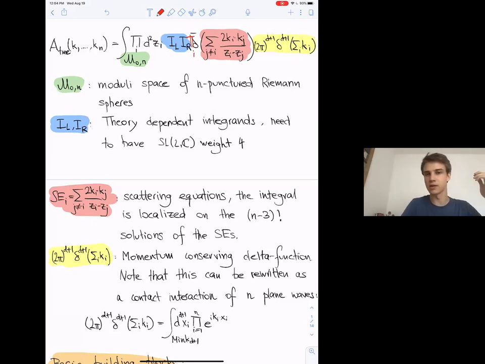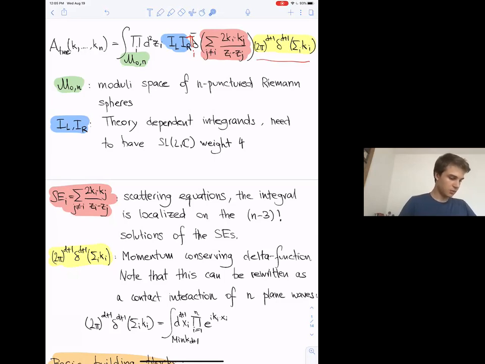Out of those n, only n-3 are independent because 3 are just related by Möbius invariance. Similarly, to appropriately evaluate that integral, you should gauge fix 3 of the coordinates as usual. And finally, we have this momentum conserving delta function, which is just there.